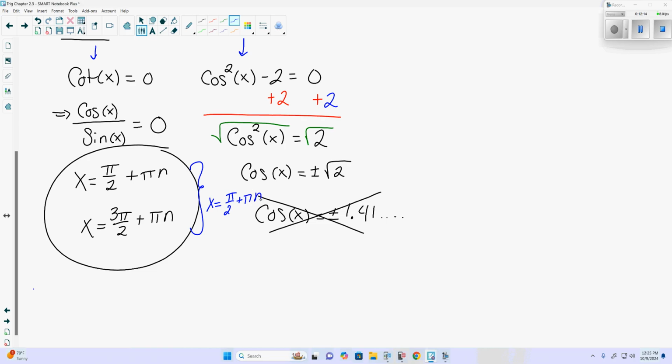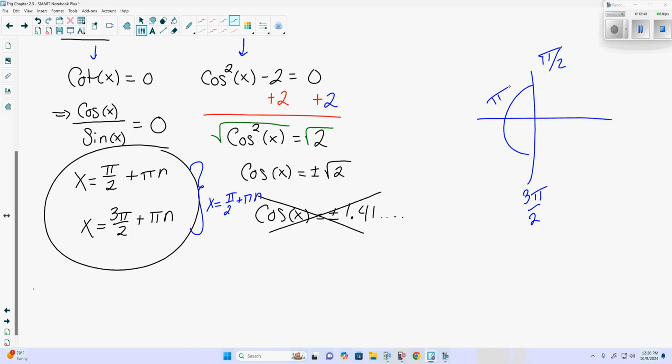But incidentally, pi over 2 and 3 pi over 2, pi over 2 is straight up, yes? I'll draw it out. Might be easier to see. 3 pi over 2 is straight down. What's the distance from pi over 2 to 3 pi over 2? Pi. 180, yes. Those are the same, pi or 180. So when I add pi to pi over 2, I get 3 pi over 2.